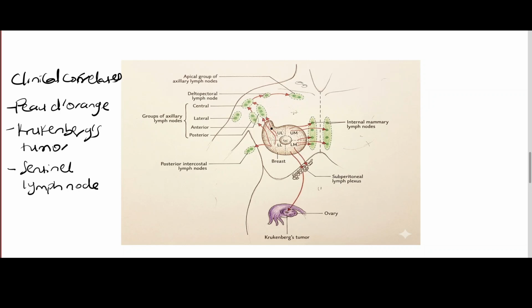We said most of the lymph drains into the axillary group of lymph nodes, most especially the anterior axillary group. So the first lymph node to receive drainage from a tumor site is called the sentinel lymph node, and it's important in detecting early metastasis.